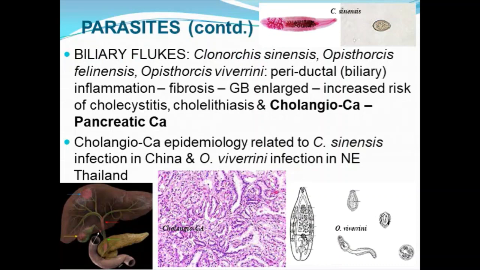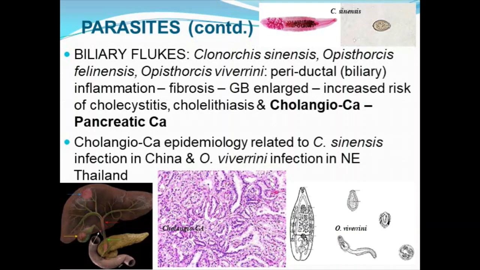Next are the biliary flukes: Clonorchis sinensis, Opisthorchis felineus, Opisthorchis viverrini. They cause periductal or biliary inflammation leading to fibrosis, the gallbladder becomes enlarged, and there is increased risk of cholecystitis, cholelithiasis and cholangiocarcinoma, and this may also lead to pancreatic carcinoma.